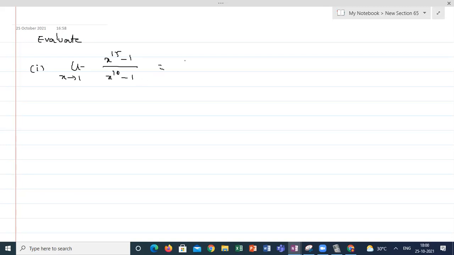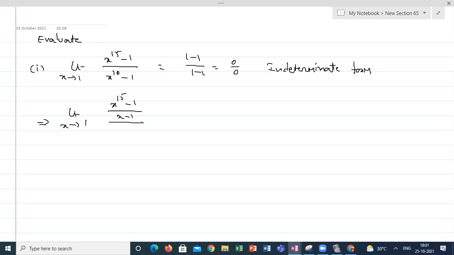If I substitute directly, I will get 1 minus 1 by 1 minus 1, 0 by 0, which is an indeterminate form. So I have to do some modification in this. I am dividing both the numerator and denominator by x minus 1, and I am applying the algebra of the limits.